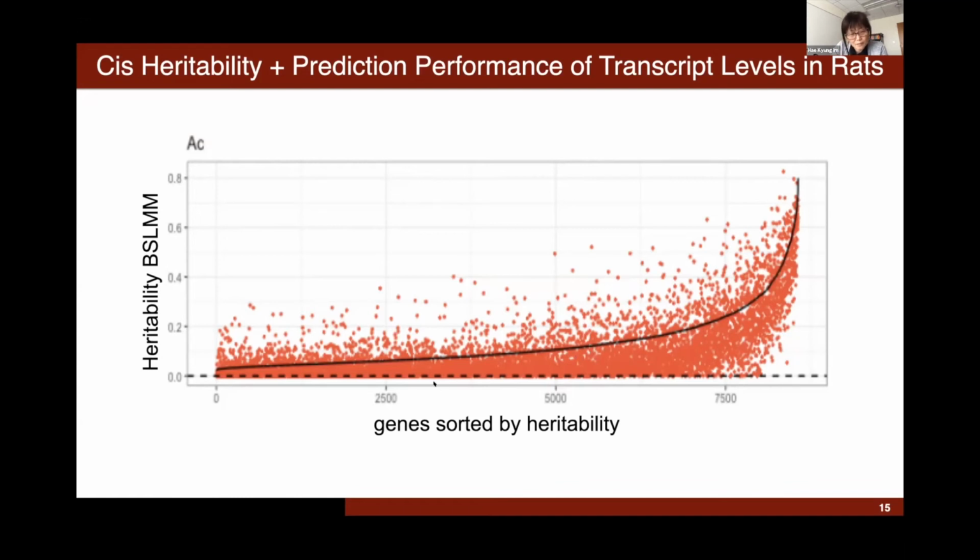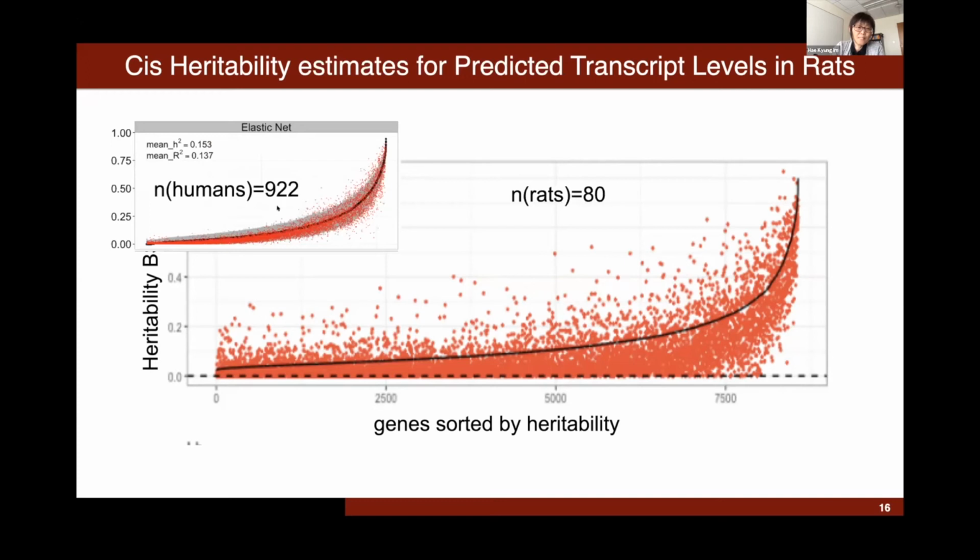For genes whose transcript levels are not very heritable, we don't do well. And on the extreme right, those that have highly heritable transcript levels, we tend to predict better. Here is a comparison with humans. This was done with 922 individuals. You can see that the red dots track the heritability estimates much better than we do in this data set, but it's more than 10-fold more samples in this case. So I think we're doing pretty well.